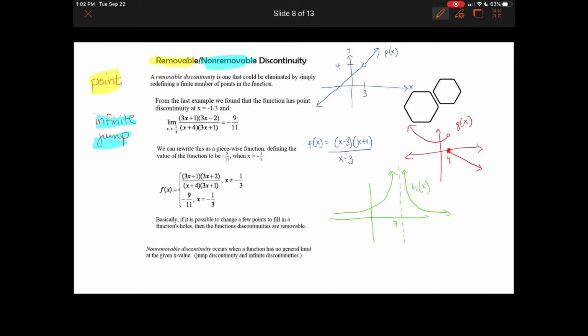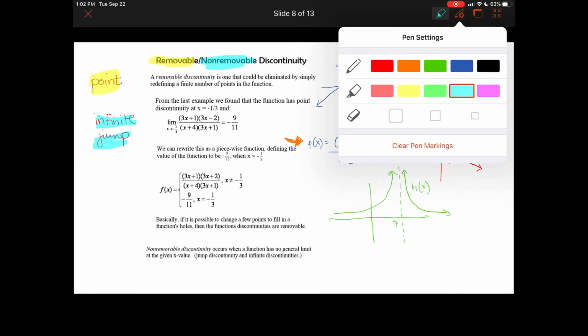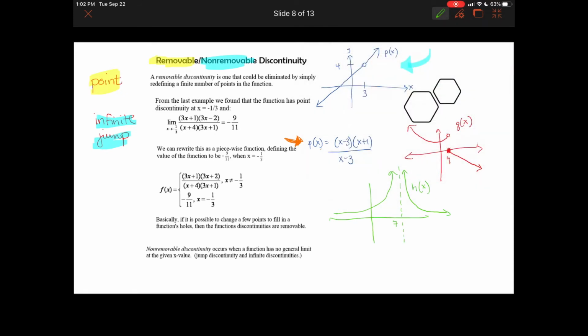So here's an example of an equation for p of x. If p of x were x minus 3 times x plus 1 over x minus 3, we would be able to graph that, and you would see that it looks like this graph right here. And the biggest piece is we've got that hole right there at x equals 3.